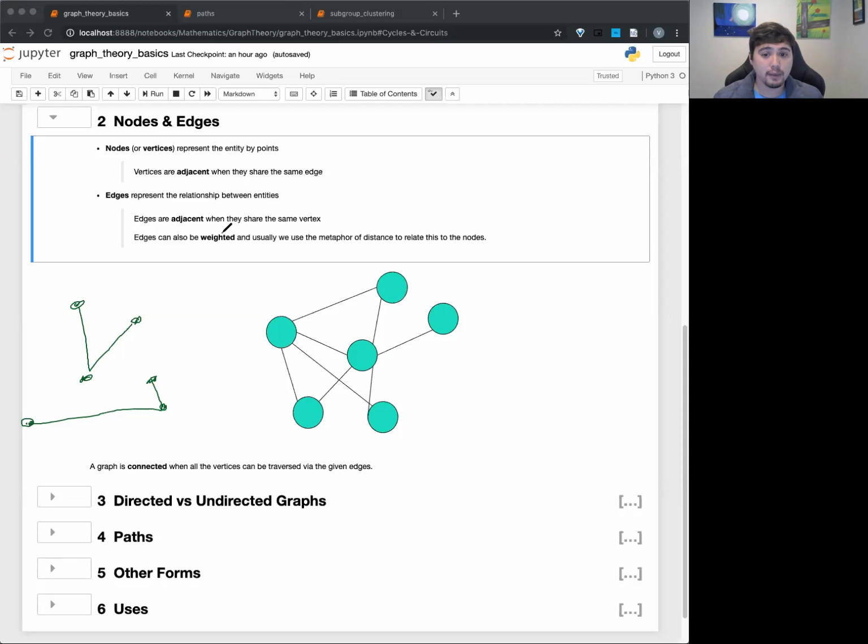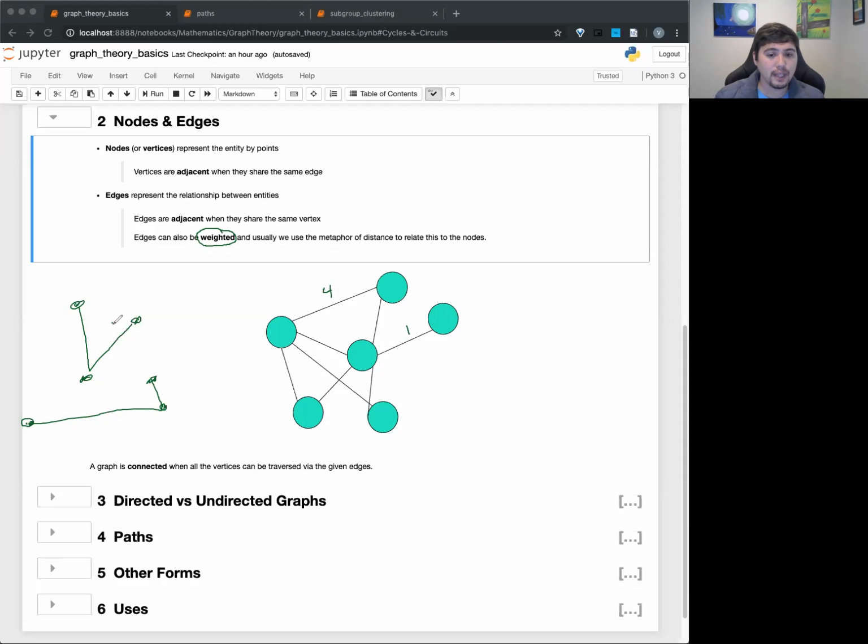However, we can put weight in here. What this weight represents, I usually think of as distance. So imagine I put that this is a weight of 4 and this is a weight of 1. The idea here is that there's a smaller distance from here to here versus this one. Usually it's weight versus distance, but you can think of it like distance, like how far away this is. In that case, this is just an abstract object.